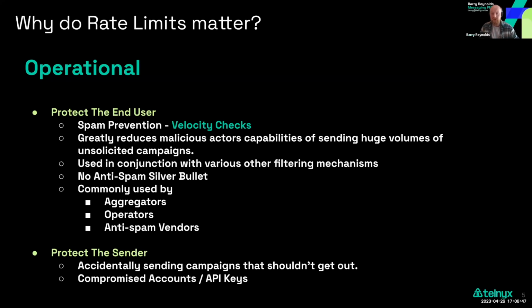You'll quickly find that after a couple of messages, all subsequent messages will just get blocked by this filter. And that's the protection in place for that end user. At the end of the day, it's not a silver bullet for protecting the end user, as well as spam as a prevention mechanism.